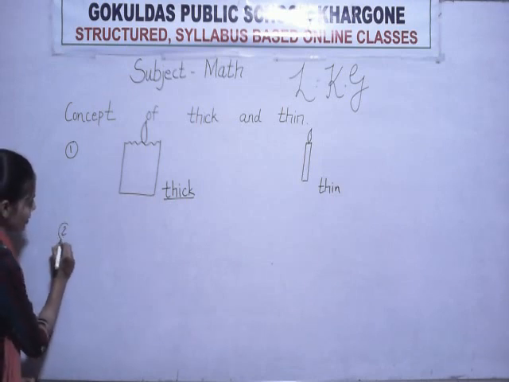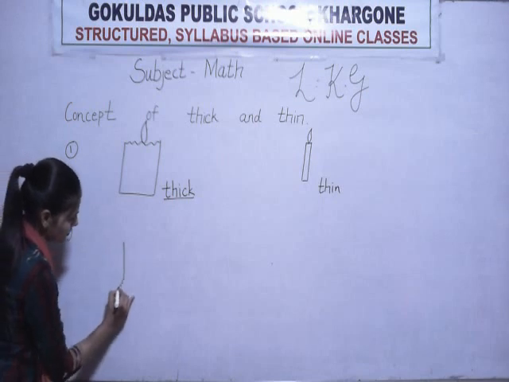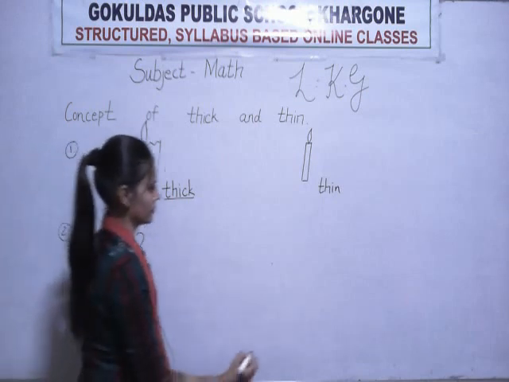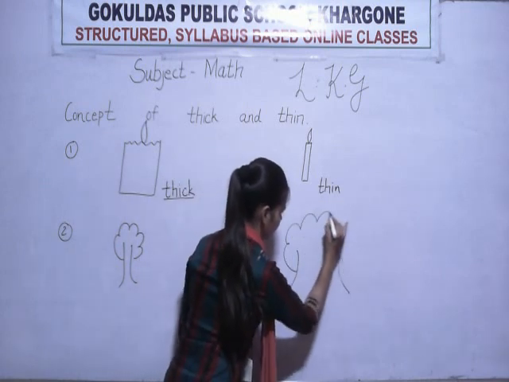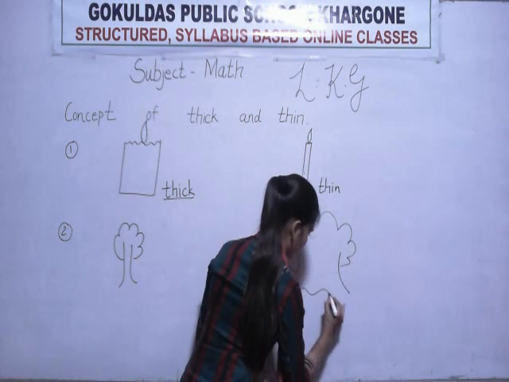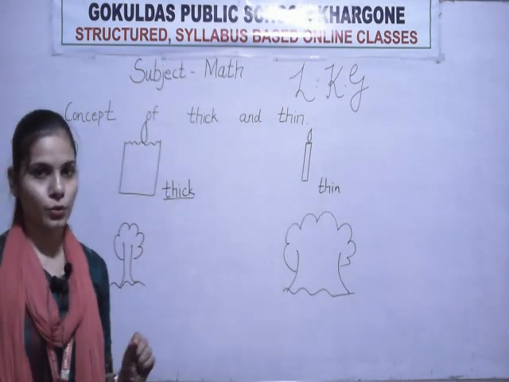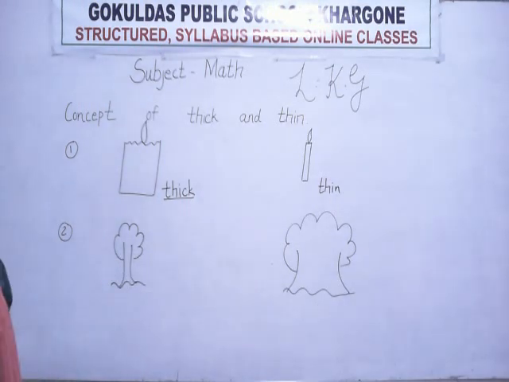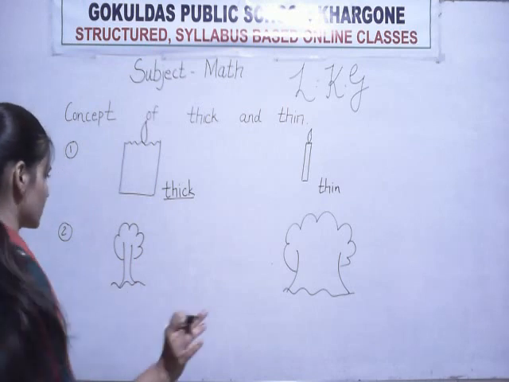Example number 2. Okay. Here we make two trees, 1 number, 2 number. So tell me fast, which one is thick and which one is thin?